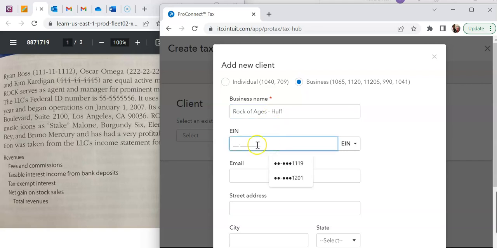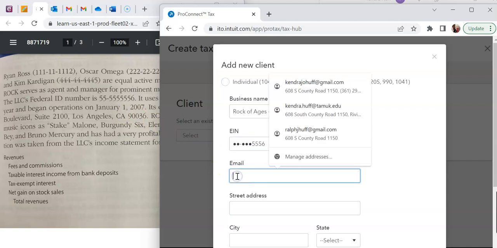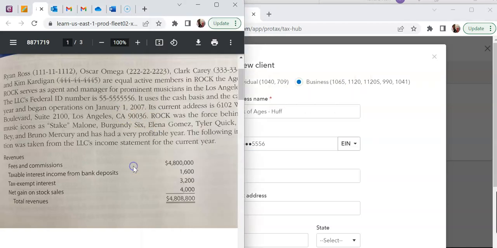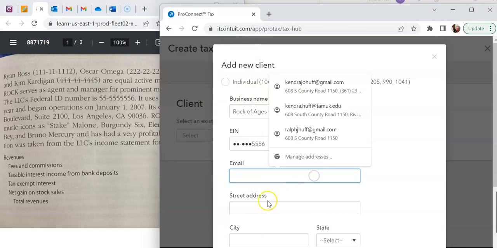All right, let's see. 555. I don't know if it'll let me keep that, but we'll see. I don't see an email.